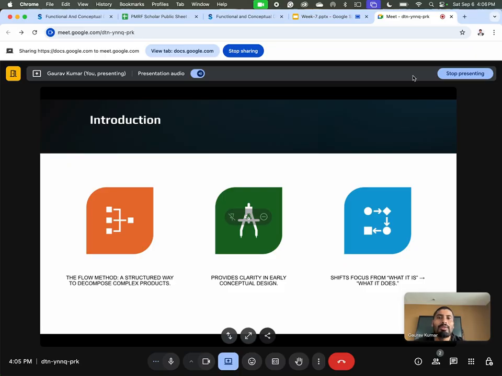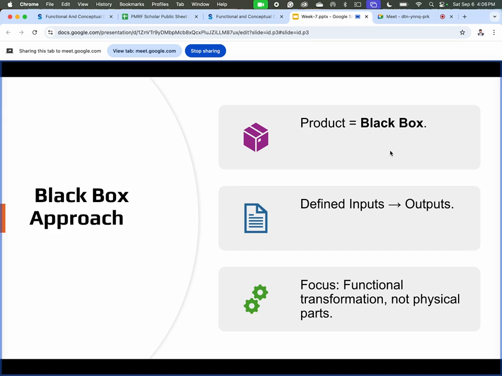Moving to the next slide, the black box approach. The first step in this method is the black box approach. Here we treat the product as a black box. This means we are not concerned about what happens inside it yet.